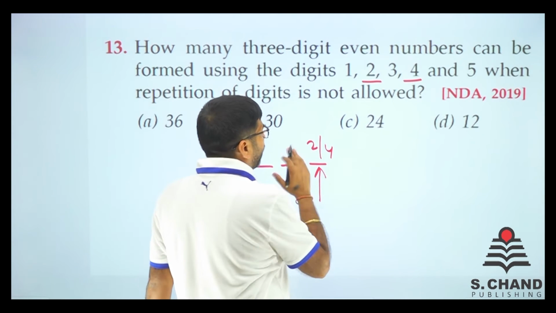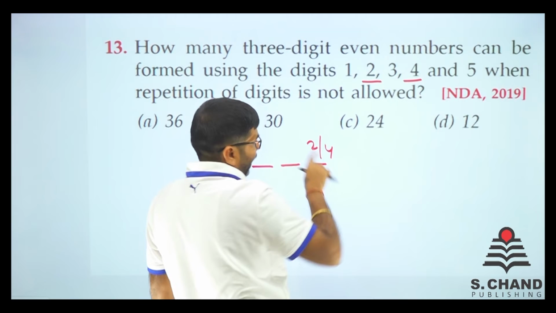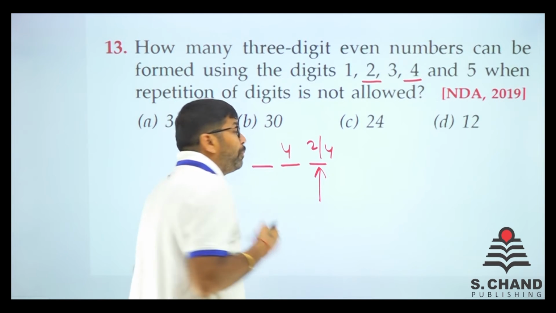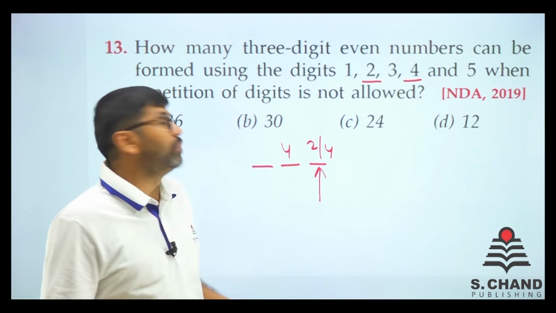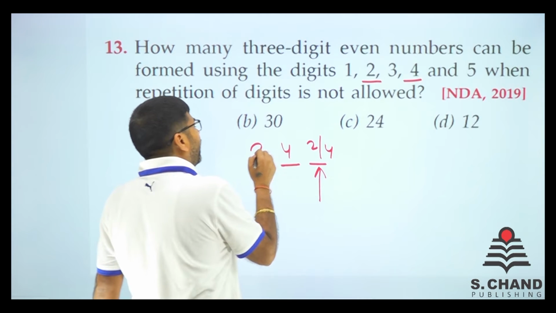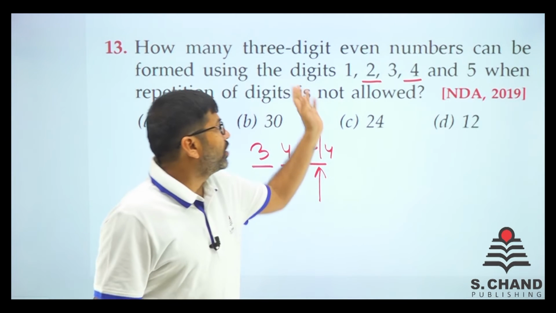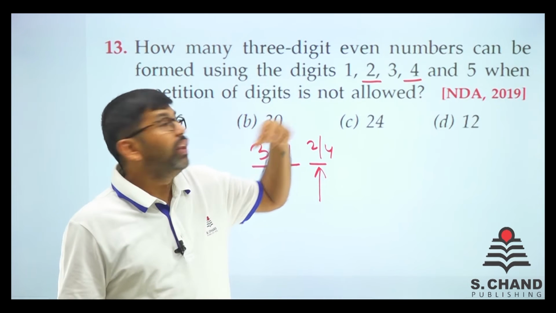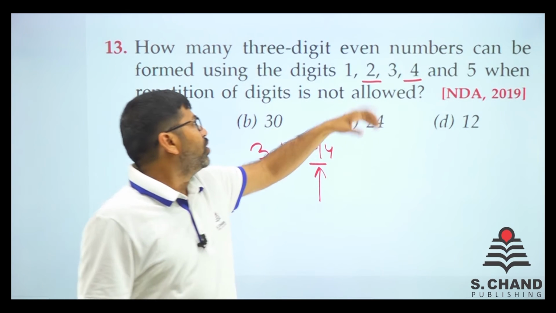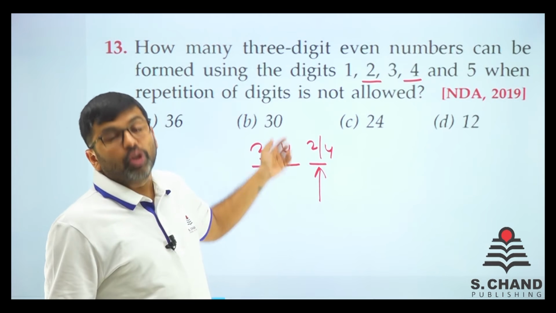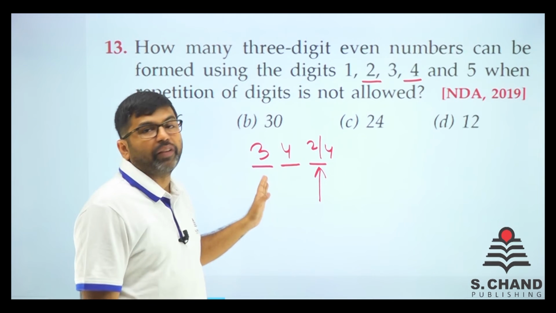If we have one number from these 5 here, one number from these here, we will have 4 types of combinations: 4 different numbers can be here and 3 different numbers here. So one number here, say for example 4, we take out the number 4. So 1, 2, 3 and 5 will remain. So 4 different ways here and 3 different ways here.